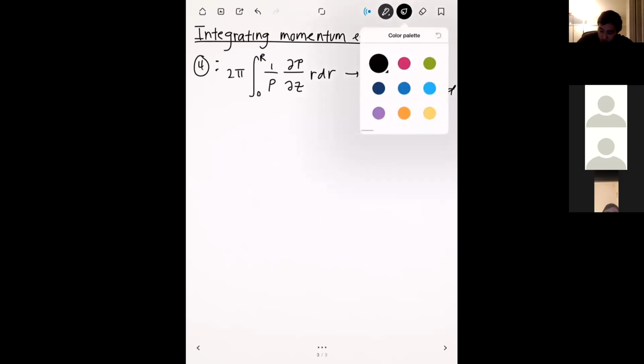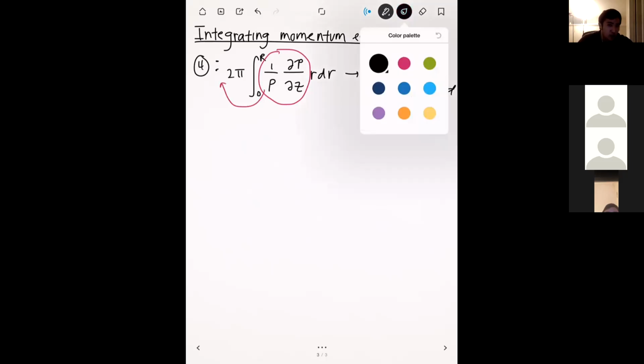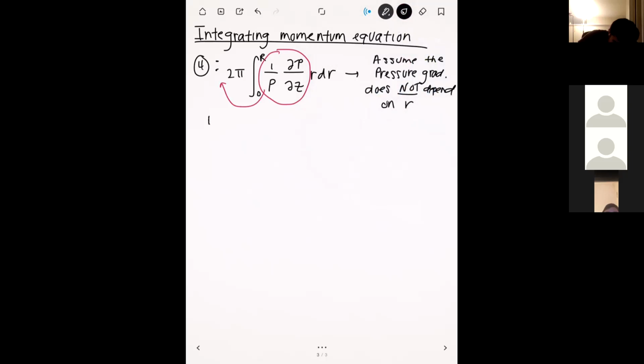What this allows us to do is pull these terms right out of the integral, because if they don't depend on r, there's nothing really to integrate. So we have 1 over rho, partial p partial z, times 2 pi integral from 0 to big R of r dr.